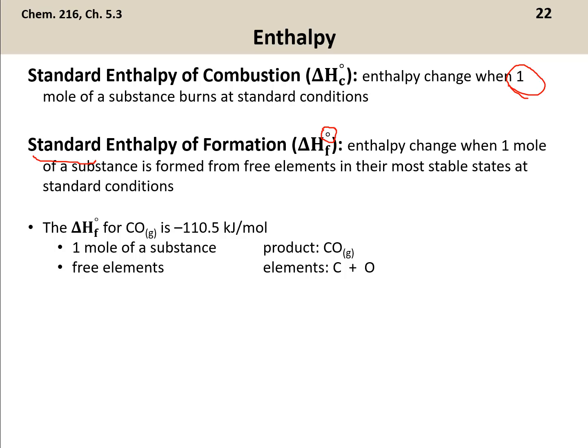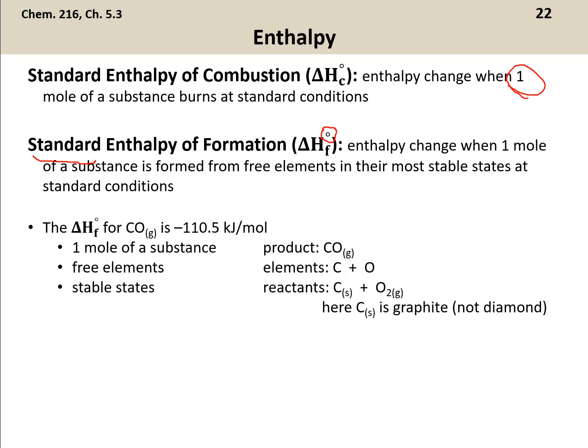If I'm forming something, that means it's my product. So I'm going to make CO. What do I make CO from? Do I make CO from boron and from argon and from hydrogen? No, I make CO from carbon and oxygen. That's how atoms work.